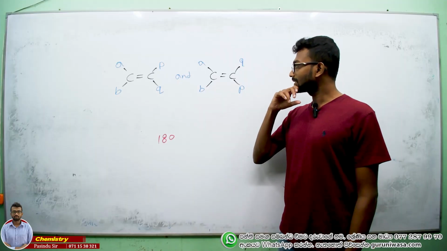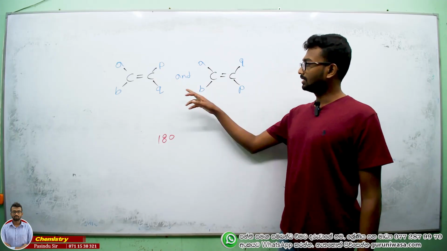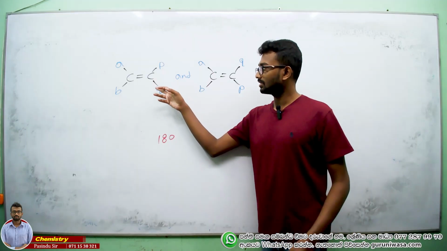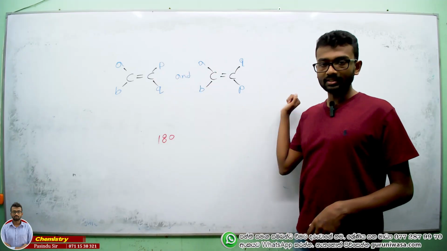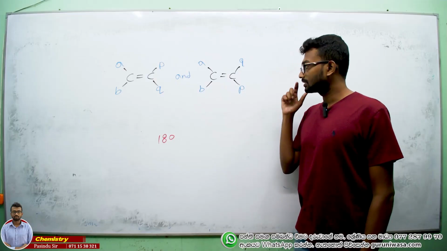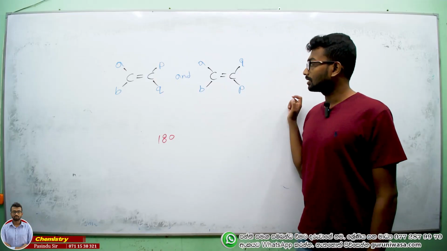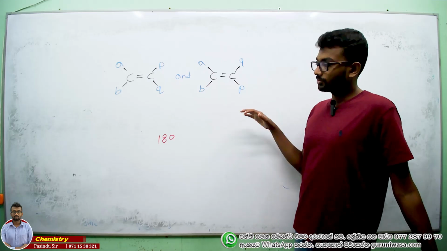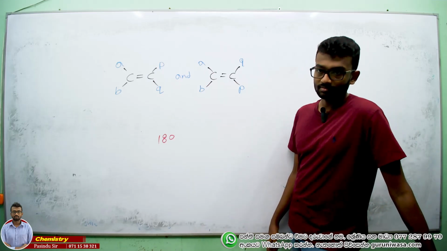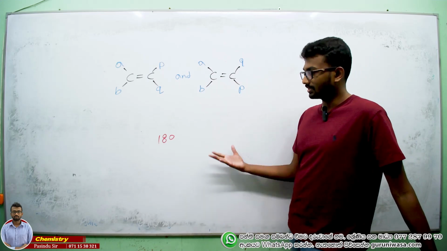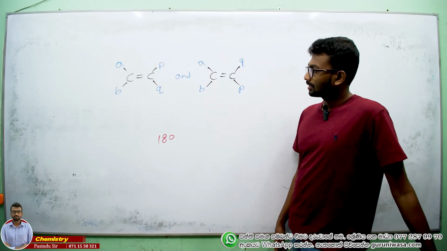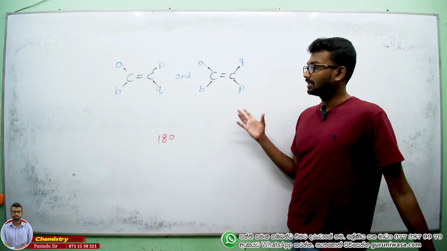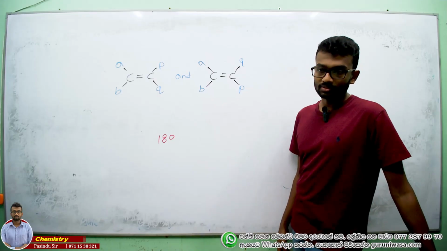Due to that, look at this difference. This one just rotates 180 degrees. And another thing, before you consider the isomer, whether it is a diastereomer or whatever, just think whether it can superimpose or not.